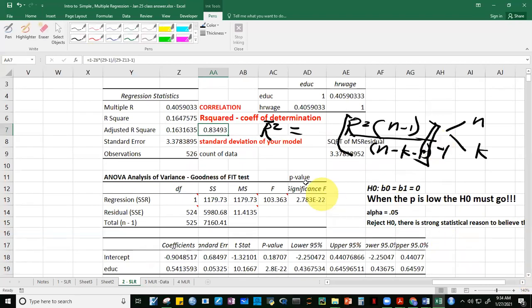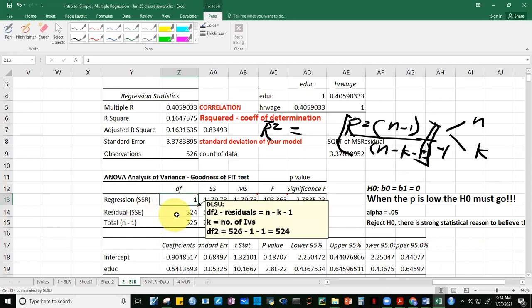Alright, so kahapon tinignan din natin tong ANOVA natin, no? Yung degree of freedom, sabi natin, ng regression will be the number of independent variables. Yung degree of freedom ng residual natin, it's n minus k minus 1. N is the number of observations. K is the number of your regressors.